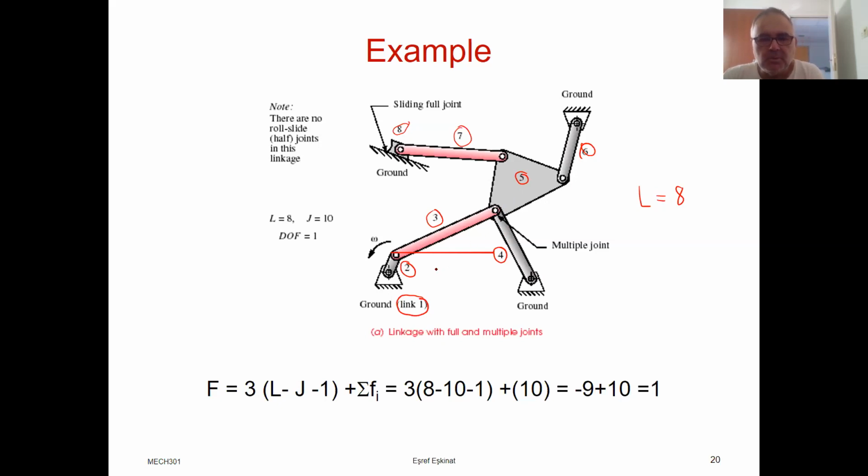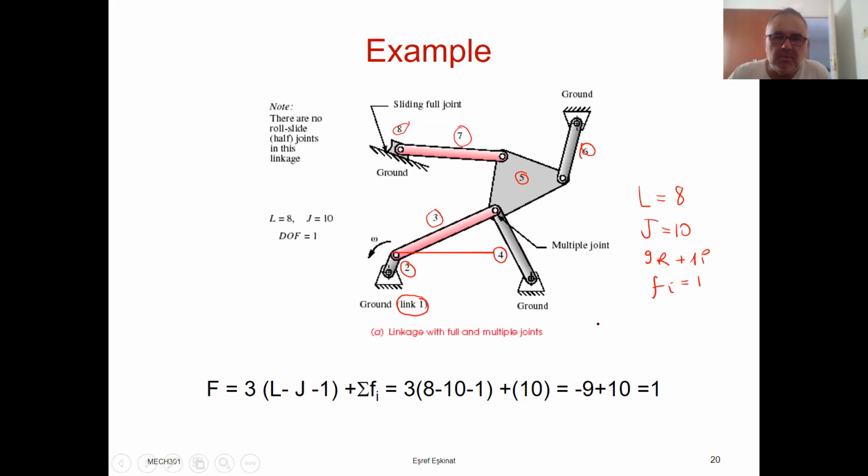So 1, 2, 3, 4, 5, 6, 7, 8, 9, and there is a prismatic joint 10. So J is 10. In which you have 9 revolute plus 1 prismatic joints. Okay. And each fi for this thing is 1 because they are revolute and prismatic joints only.